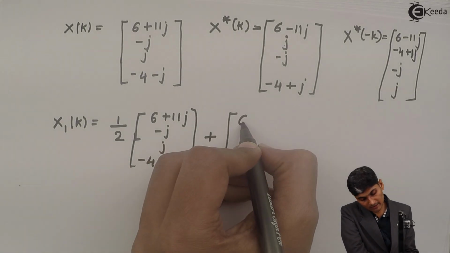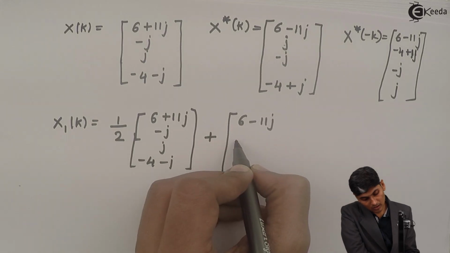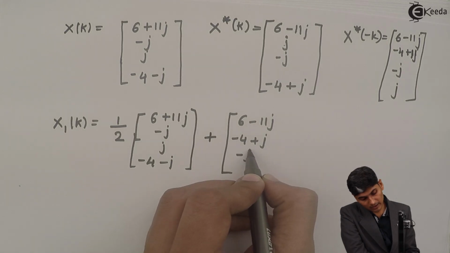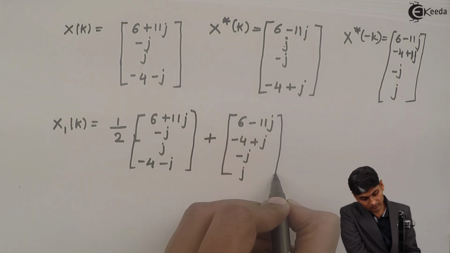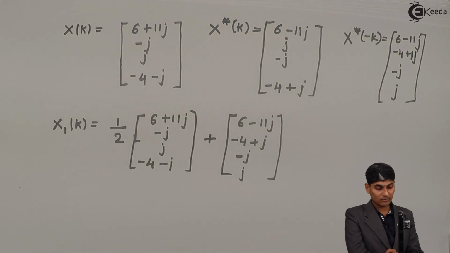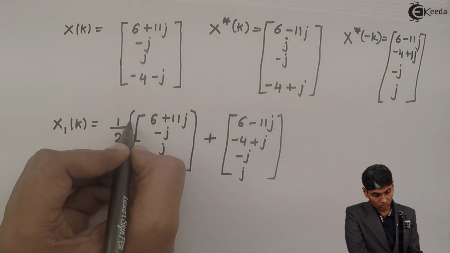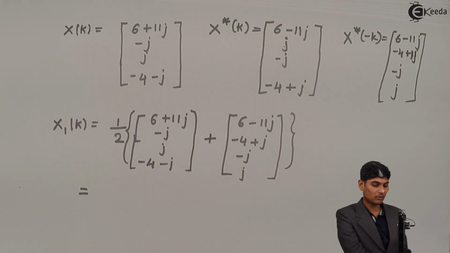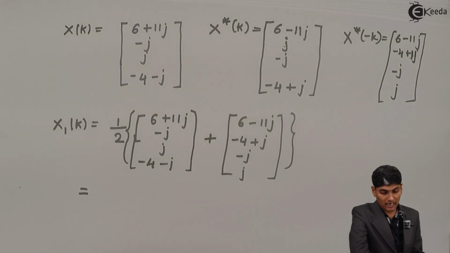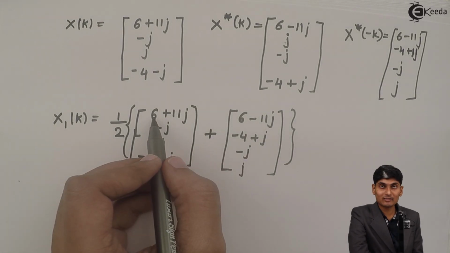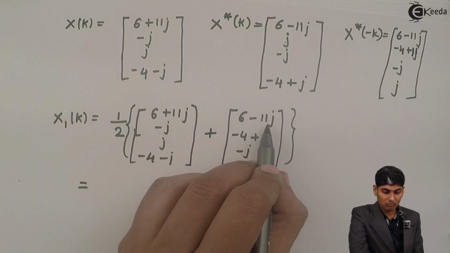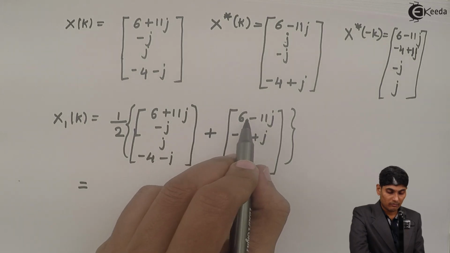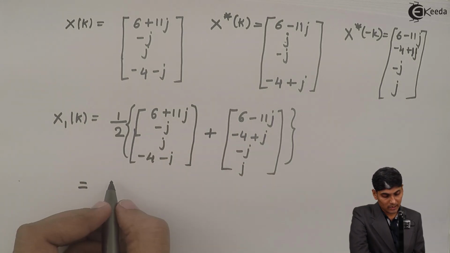So we will add 6 minus 11j, minus 4 plus j, then we have minus j, and then we have plus j. Whenever we add matrices, we add element by element, and this whole matrix is added and divided by 2. So let me keep a larger bracket of 1 by 2. We will add these two numbers: 6 plus 11j plus 6 minus 11j. 11j will get cancelled, 6 will give me 12. When I divide 12 by 2, I get 6 back.